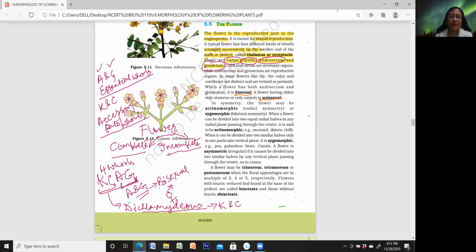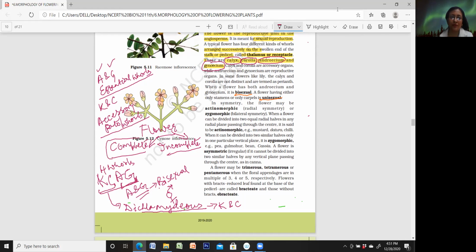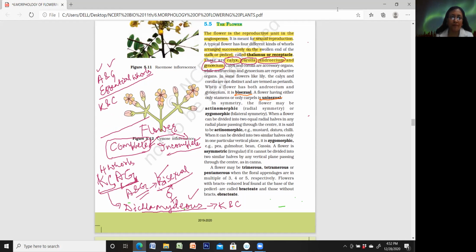So that means when I say complete flower, the flower must be bisexual and the flower must be dichlamydeous. So you can always stop the video and note it down, or take screenshots. I am rubbing this to explain what the incomplete flowers are.